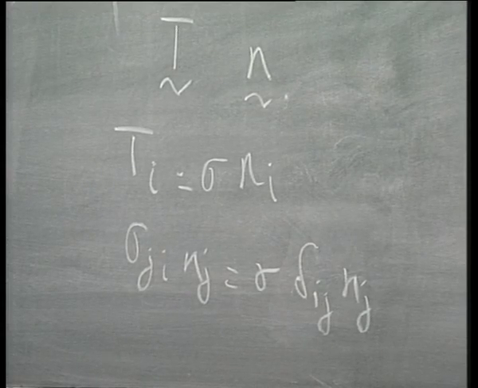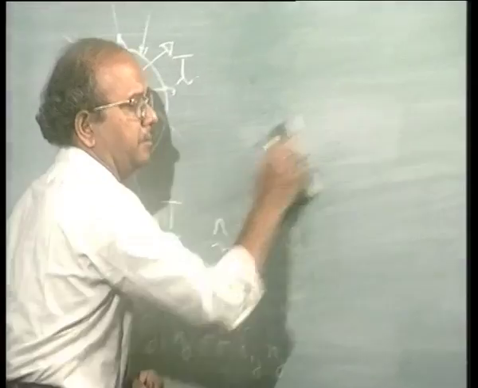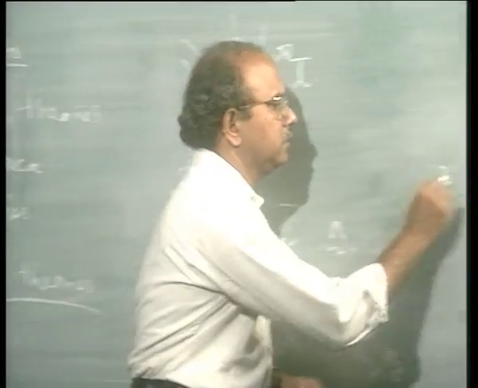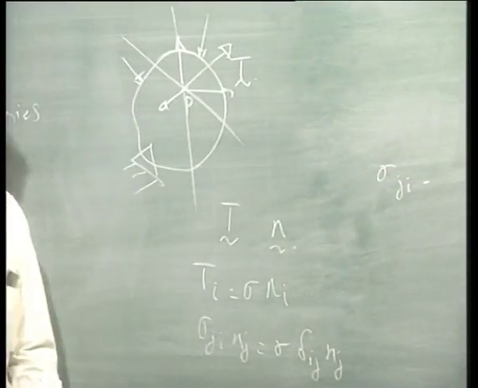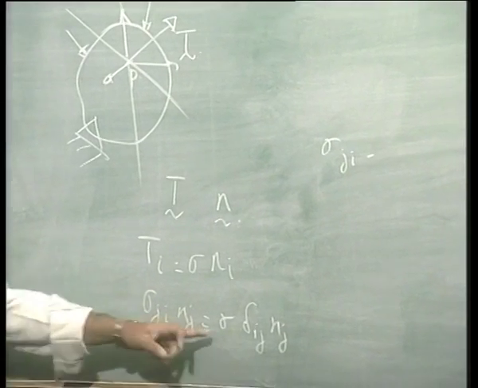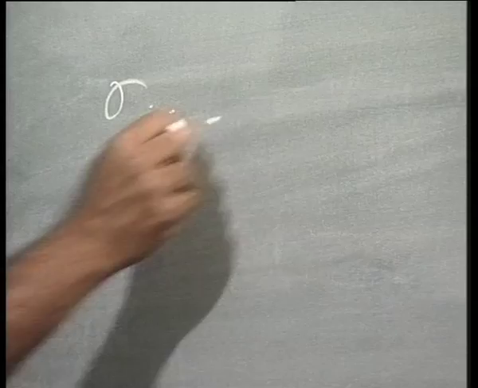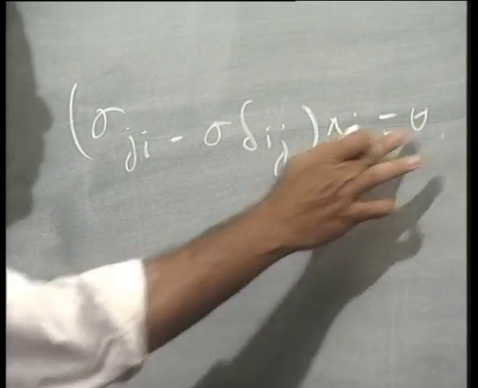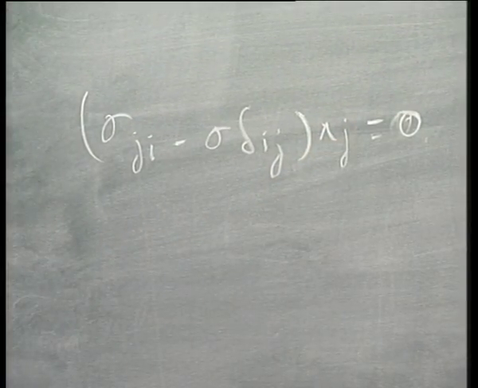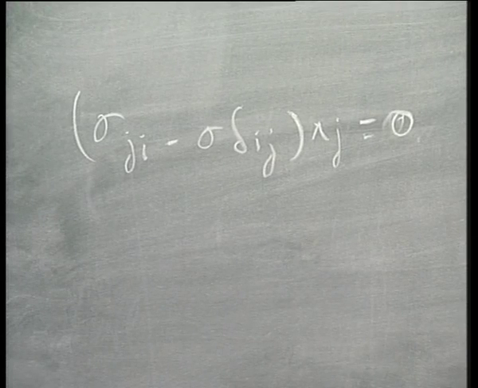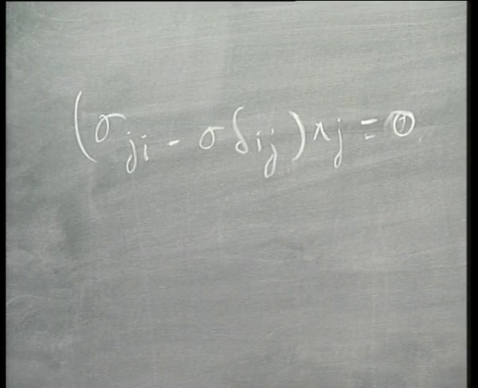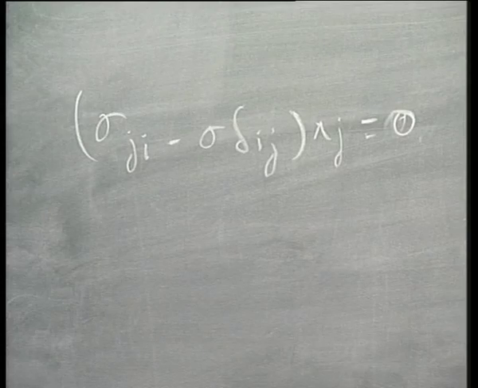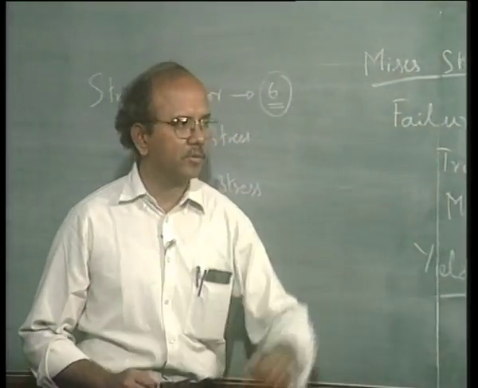So that equation can now be written as sigma ji minus, I am bringing that to the left hand side, minus sigma delta ij nj is equal to 0. Is that clear? Okay.